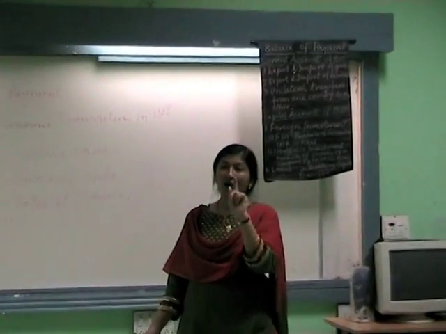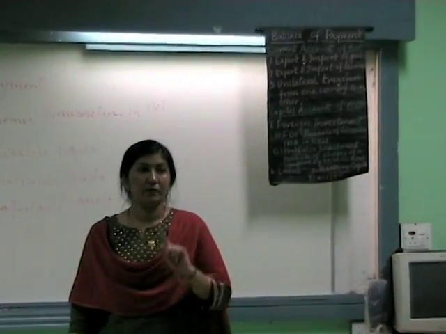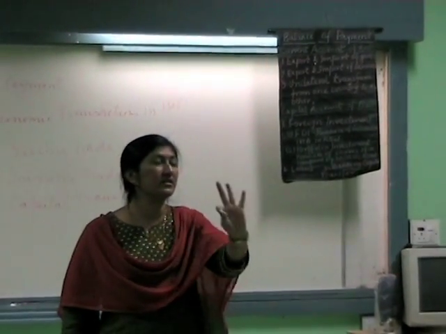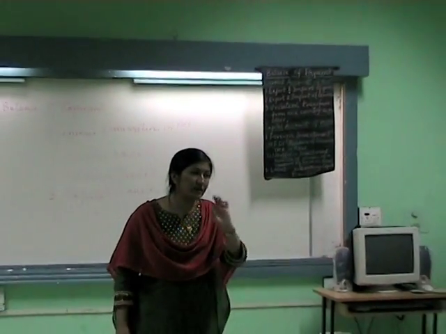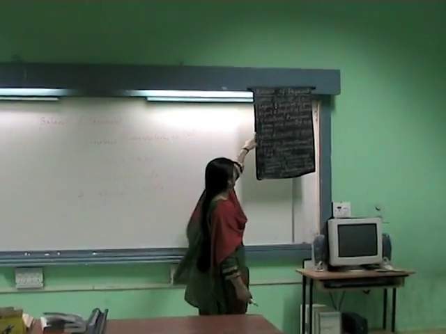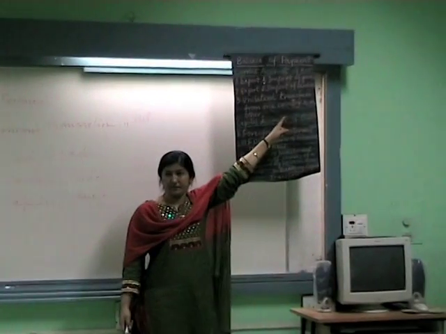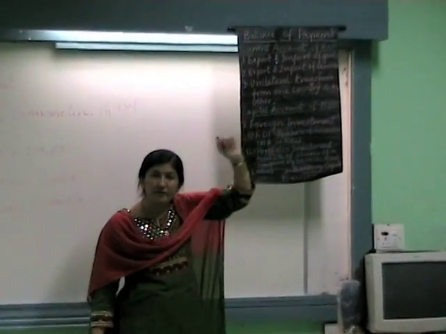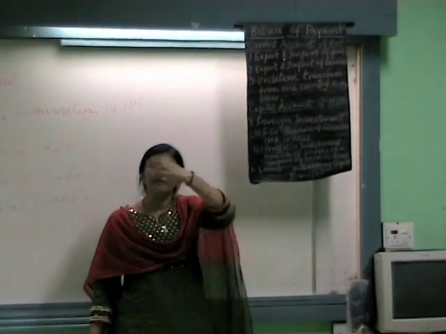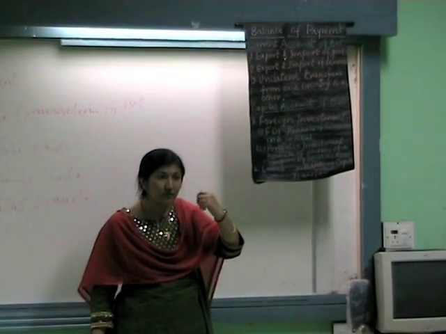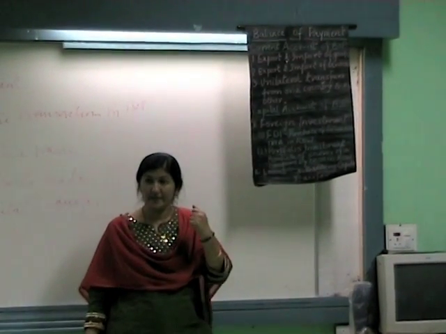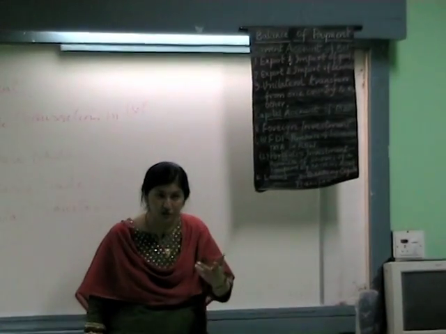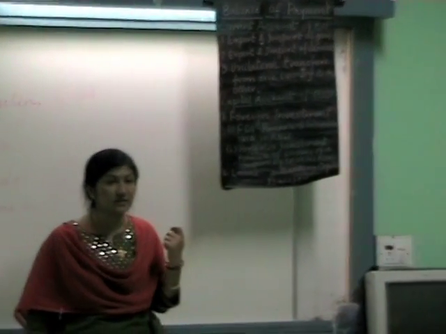Now this is the account of BOP which deals with only these three transactions. Which three transactions? First one, export and import of goods. With export, what will happen? Export will fetch you what? Foreign exchange. आप export करोगे, when you will export certain goods, you will earn foreign exchange.